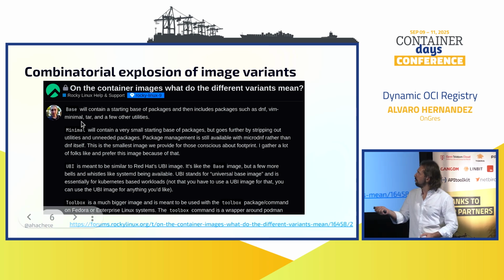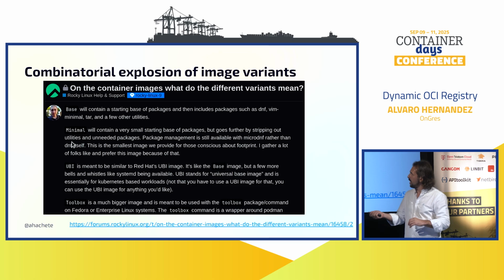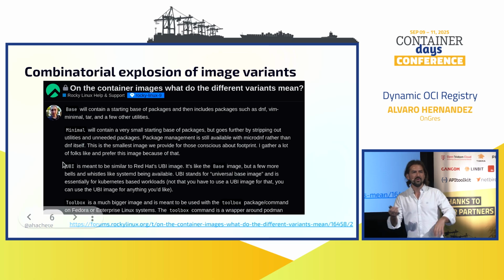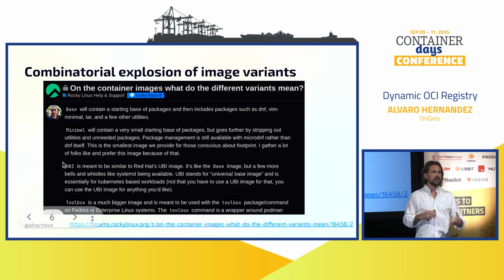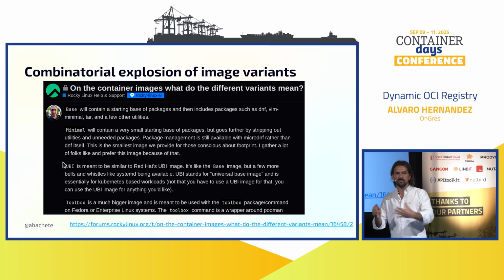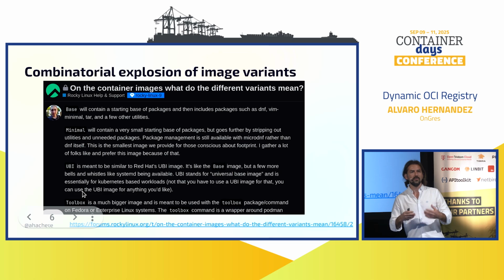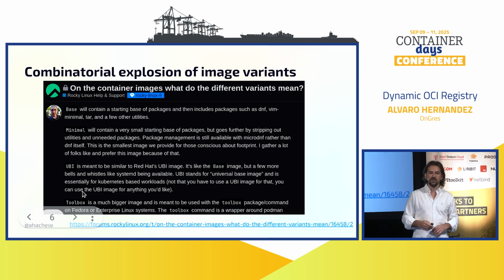But then there's also a minimal one, which is a tiny one that doesn't even have a package manager. So that is the tiniest one that we can have. Then we have UBI, which is another set of images from Red Hat based on a slightly different concept, a reduced set of packages, but also very minimal. Then there's Toolbox. So you can see that there are a lot of varieties here.